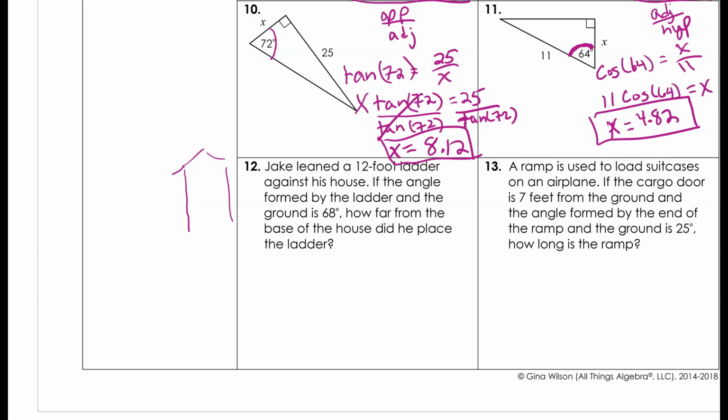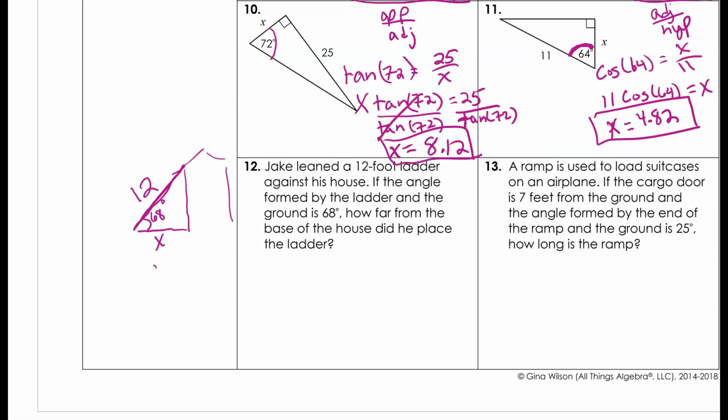We don't know what that is. We're wanting to know how far he placed it. We do know that the ladder itself is 12 feet. So if I measure the ladder, that's 12 feet. And we know the angle that's formed by the ladder and the ground is 68 degrees.